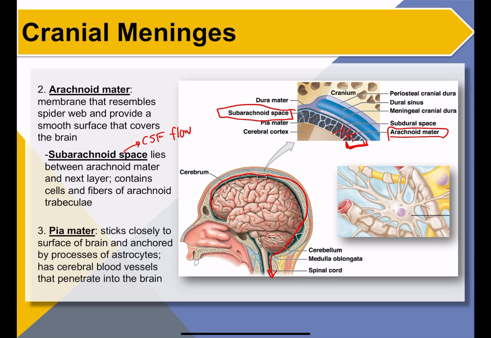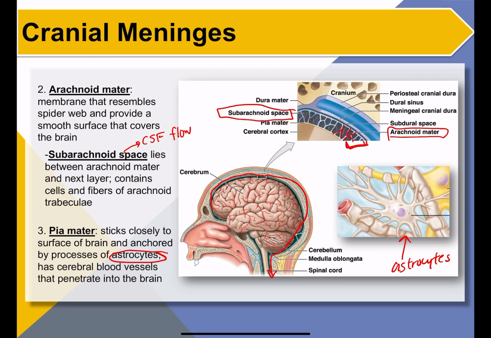And then lastly, you have the innermost meningeal layer called the pia mater, which sticks very closely to the surface of the brain and is anchored by processes of astrocytes. If you remember, we talked about the 6 different types of neuroglia, 4 of which reside in the central nervous system, and astrocytes sit within the central nervous system, forming that 3-dimensional framework in the brain.